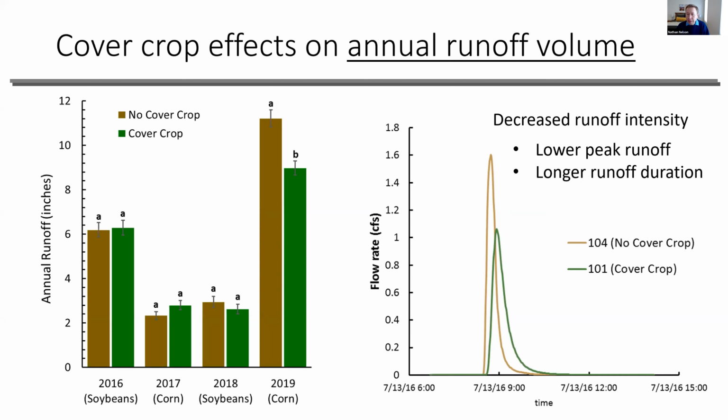And there was a tendency to have longer duration, about 45 minutes longer of runoff from our cover crop plots than without the cover crop. So that runoff is coming off a lot slower. And for sure, when you stand out and look at the plots, you're like, gosh, it sure seems like there's less runoff where we have a cover crop, but it's just that it comes off slow. And when we get into the results, this pattern of runoff really impacts our results, okay?